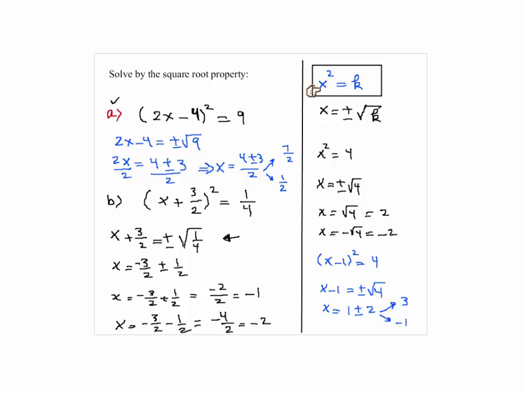If you have something square, once again, let's say we have x squared is equal to let's say 5. Okay.